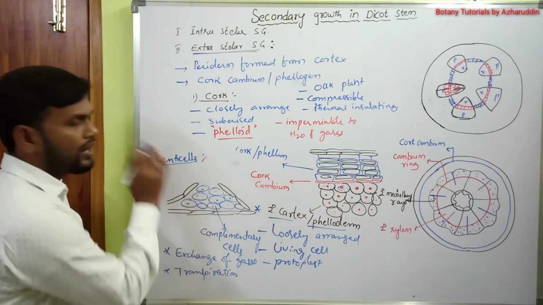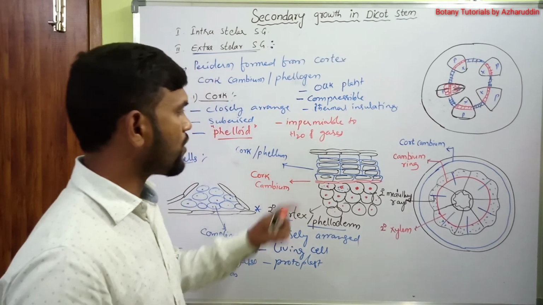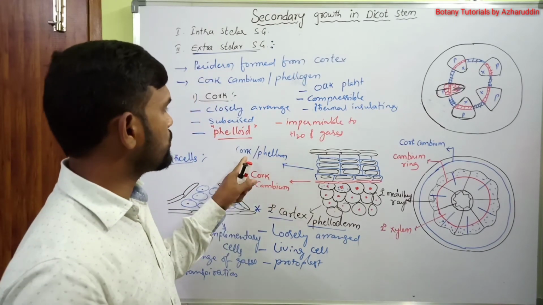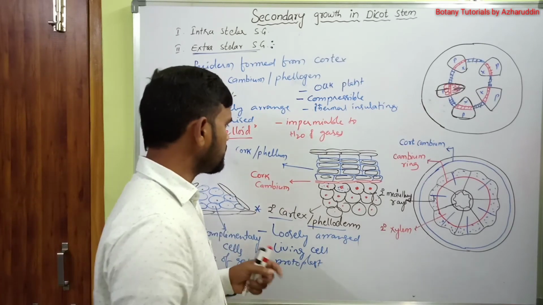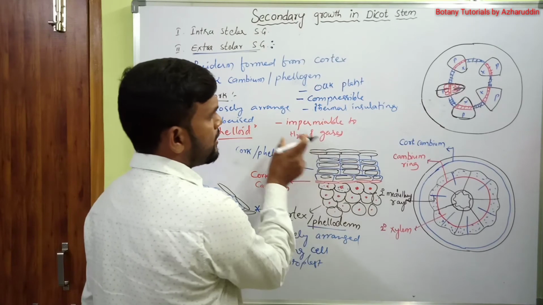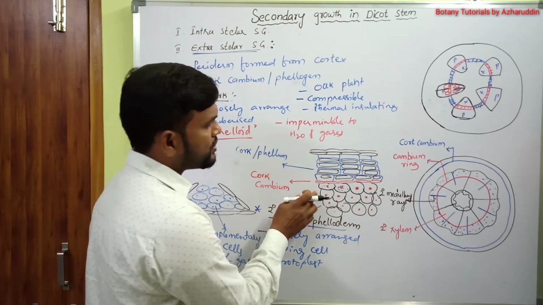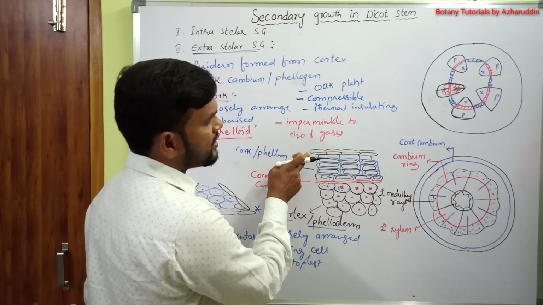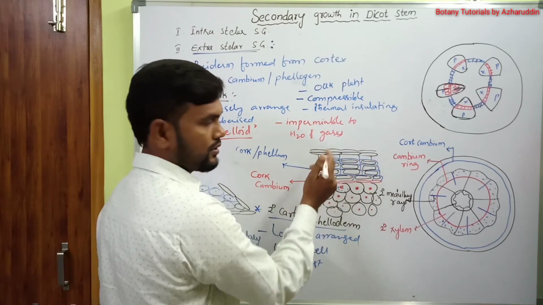This is about lenticels. Along with that, bark is also formed on the epidermis due to the formation of cork. I will explain here. In the cortex region, cork is formed. This is impermeable to water and gases, so that transportation of water is cut off to the cells present outside the cork.